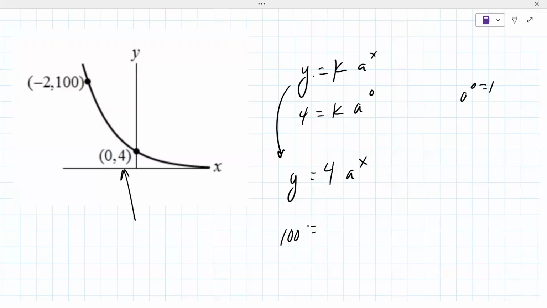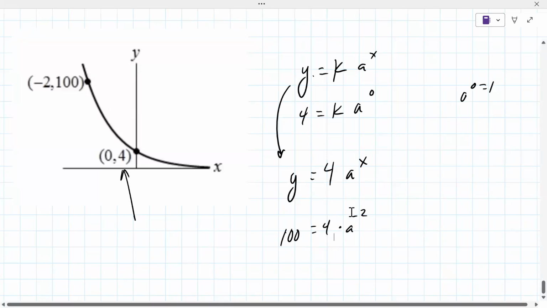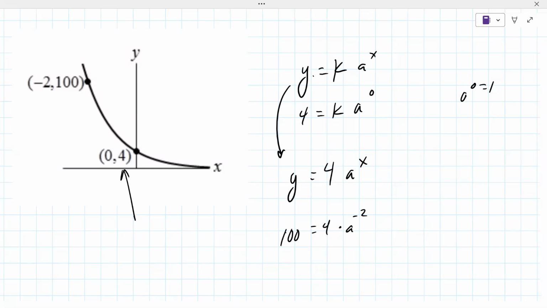So 100 equals 4 times a to the minus 2 power. Oh, substitute those values? Sorry, I forgot to plug it back in. You'll find it's a number, it's not terrible. So it would just be like negative 5.